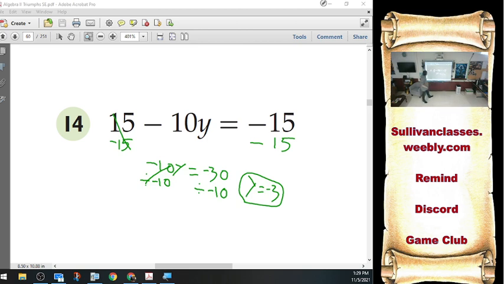All right, 15 from both sides. Divide both sides by negative 10. What is a negative 30 divided by a negative 10? So we got to be careful about our signs. The negative is kind of the bane of the math student.